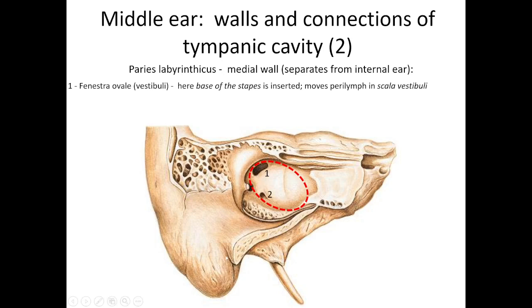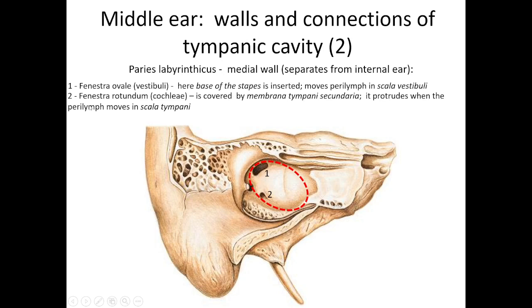And now the second, number 2 opening. It is called fenestra rotunda. Why rotunda? Because really it has a round shape. That's why rotunda. Or another name is fenestra cochleae.